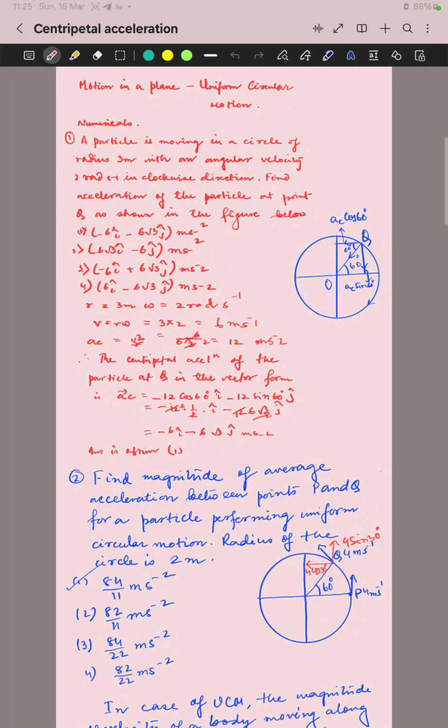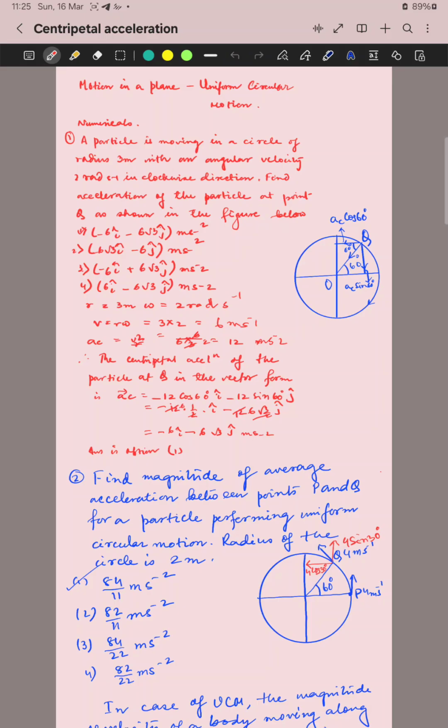Hello students, in this video we are going to clear our concepts on centripetal acceleration, which is there in uniform circular motion, a topic from the chapter motion in a plane.